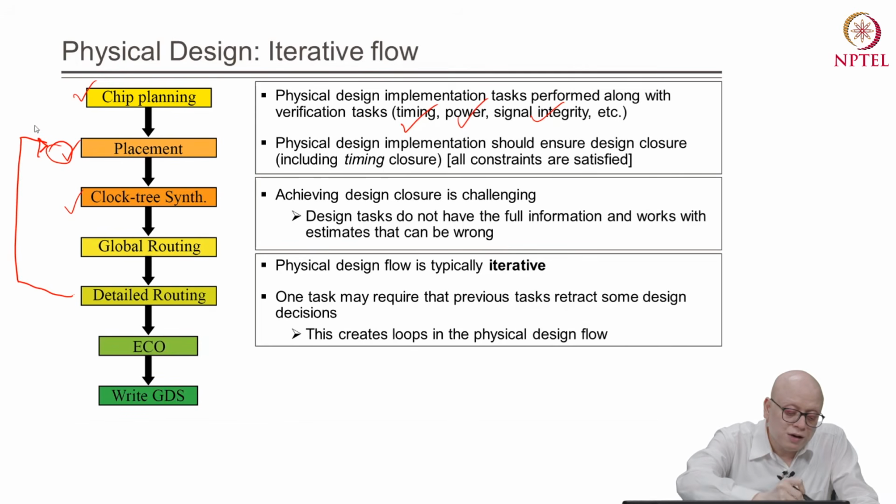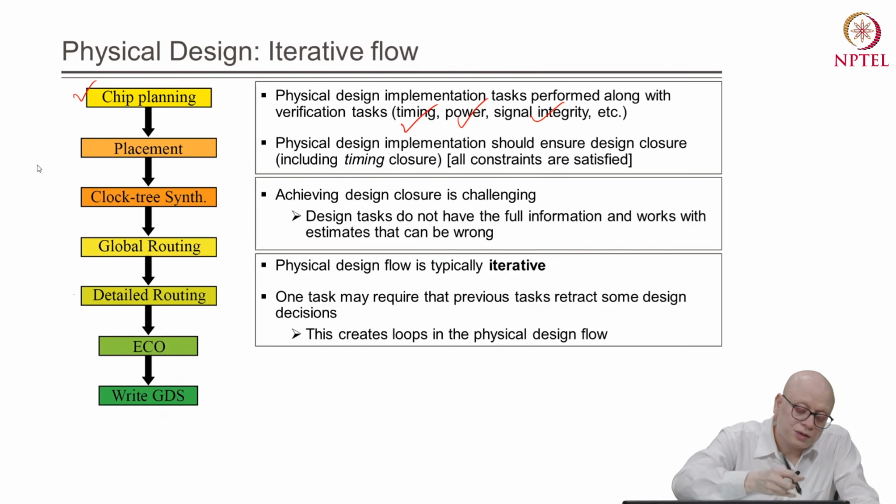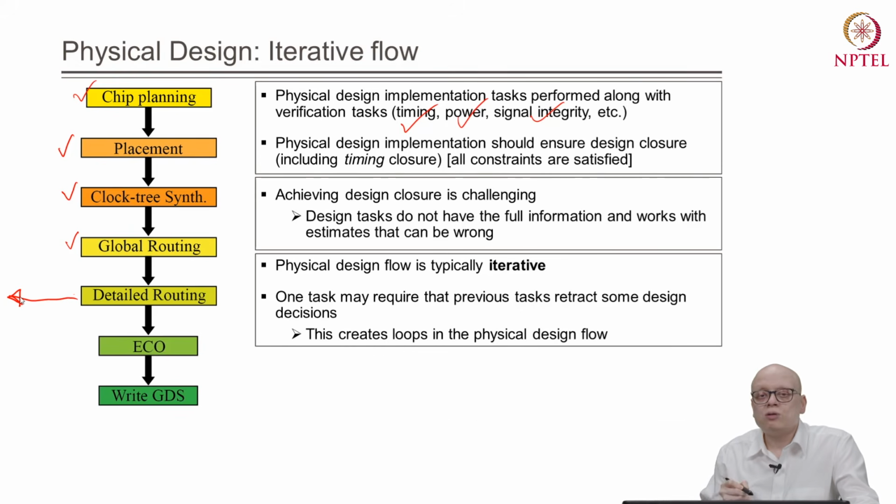For example, we have done the placement, we have done the clock tree synthesis, we have done global routing. During detailed routing, we found that one particular net couldn't be routed, right, because of some reason.